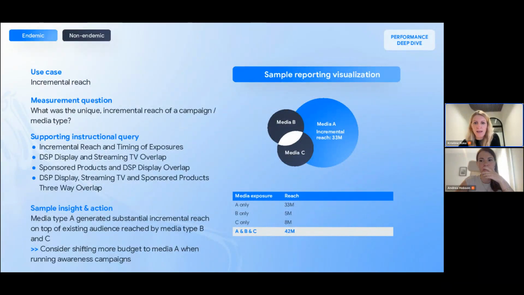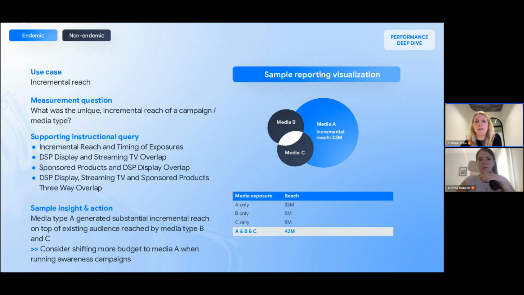And besides the media mix analysis, AMC helps us uncover incremental reach. So how much unique audience each media type contributes beyond the overlaps with others. So here, for example, we can see 3 media types.